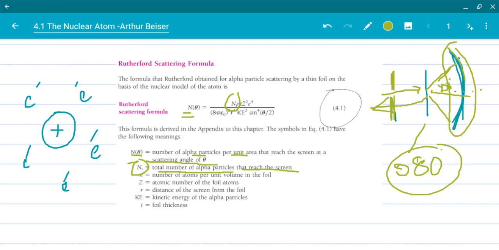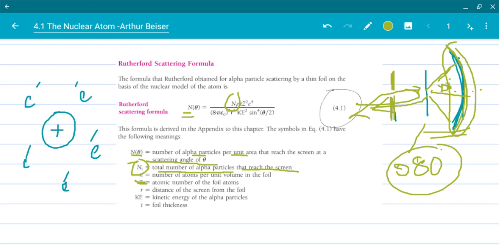The amount of alpha particles which will be reaching the screen is going to represent Ni. So this combines all the alpha particles which are able to reach the screen at different angles. But you will not be considering the alpha particles that reflected in the opposite direction, or which deflected in the opposite direction.